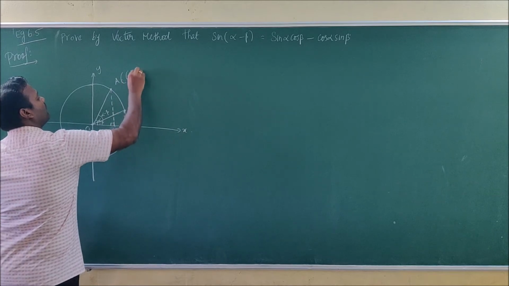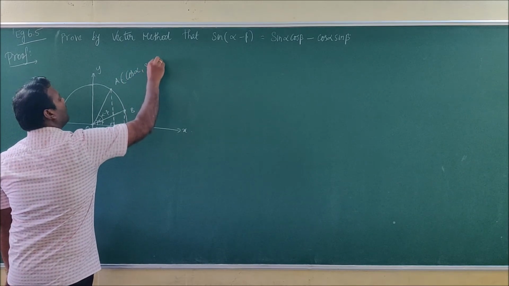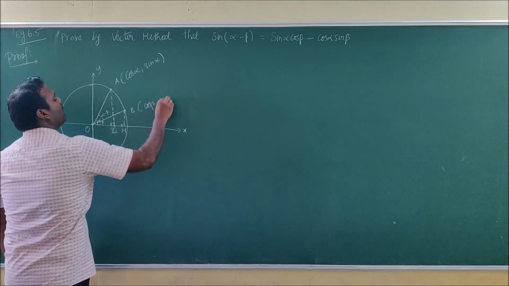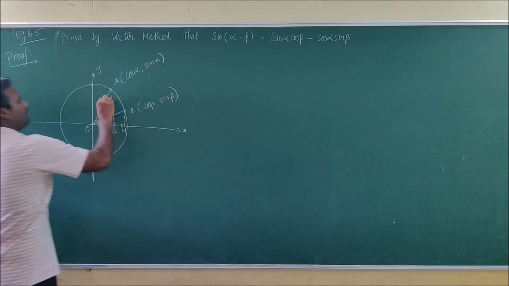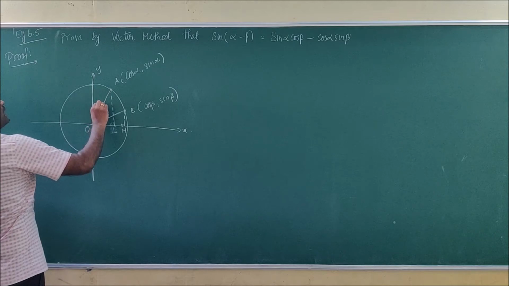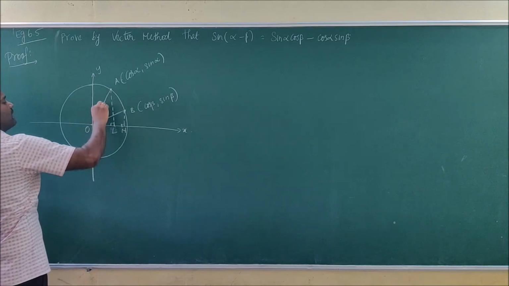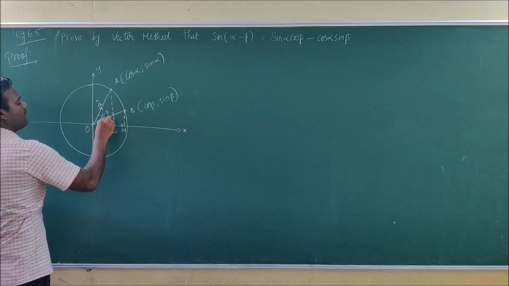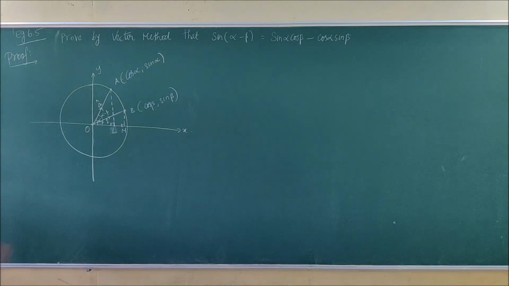Here the coordinates are cos alpha, sin alpha, and here the coordinates are cos beta, sin beta. The vector OA can be taken as A cap, and the vector OB can be taken as B cap. This is what you have to furnish in the diagram.